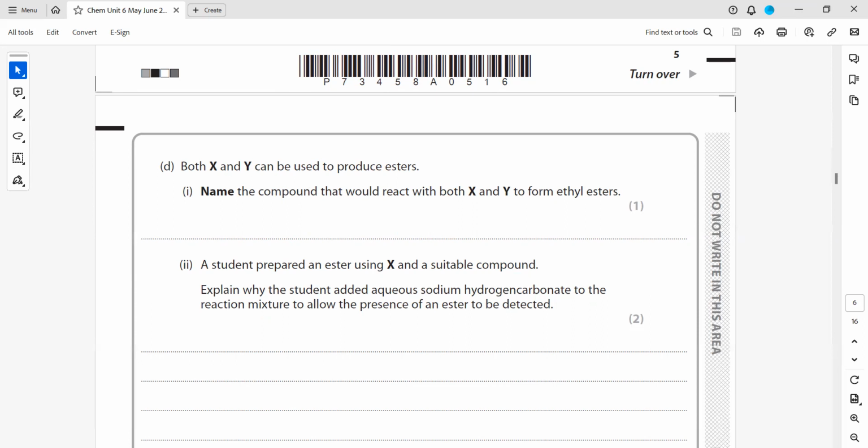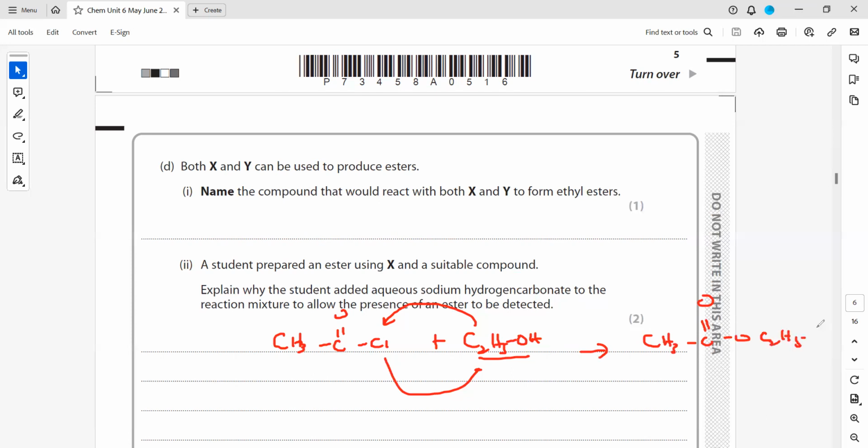We had CH3, C double bonded with O and Cl, and we add an alcohol, for example C2H5OH. So this will take the position of Cl. This will form an ester, which is CH3, C double bonded with O, and OC2H5, plus HCl. So HCl is there.